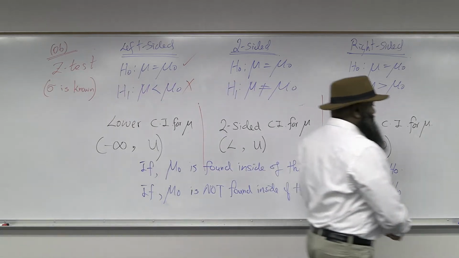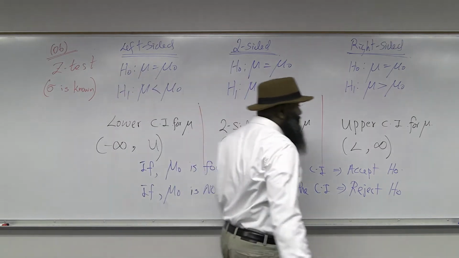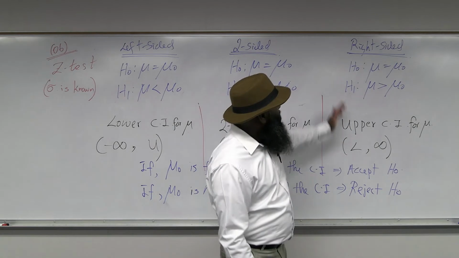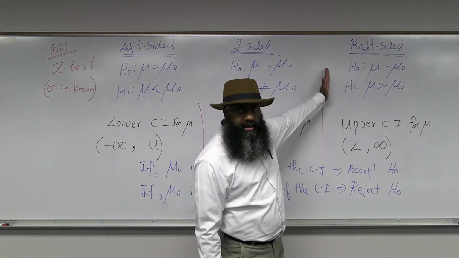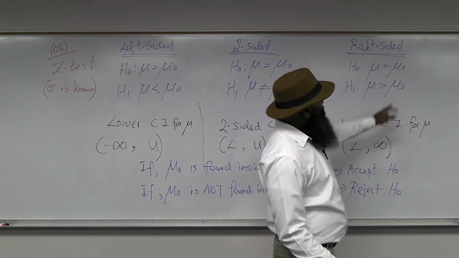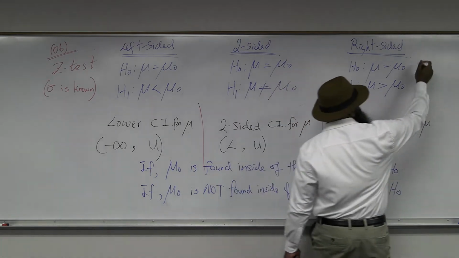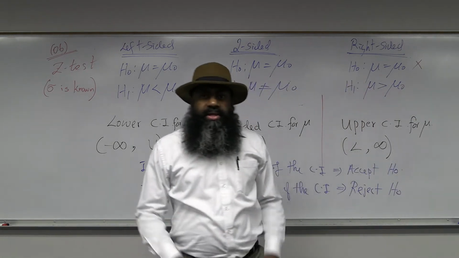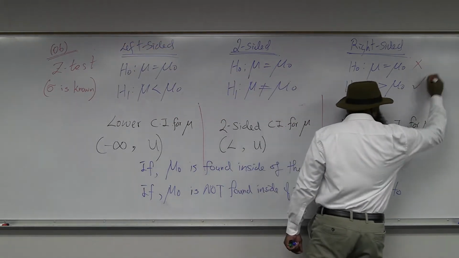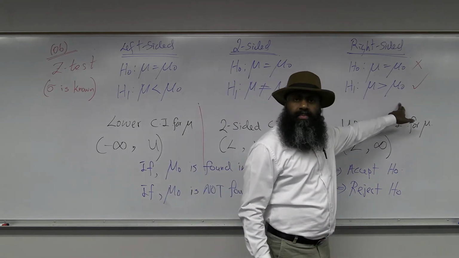Look at another example. Let's say we have a confidence interval and we are testing this right-sided alternative, and my confidence interval did not contain the mu0 value. In that case, I will have to reject the null hypothesis. Rejecting the null hypothesis means the alternative is correct. That means our data support this statement.